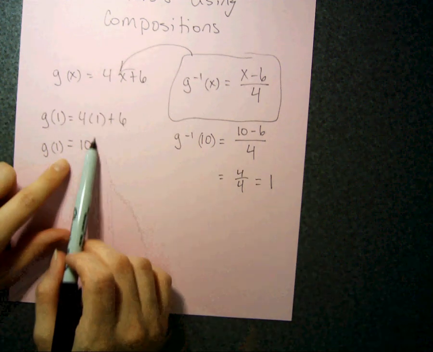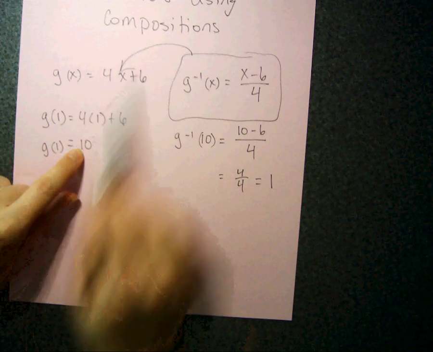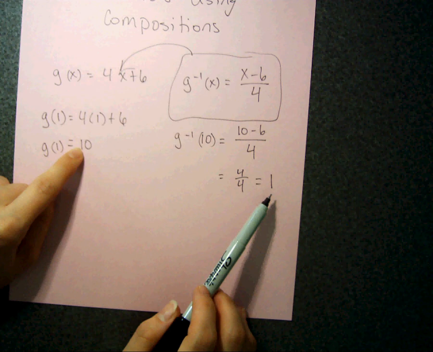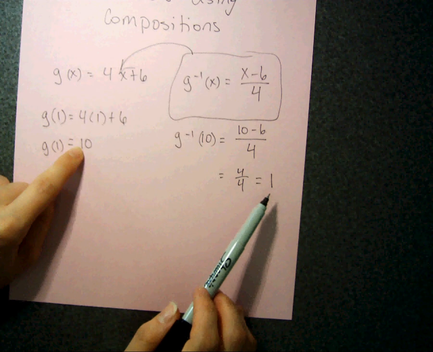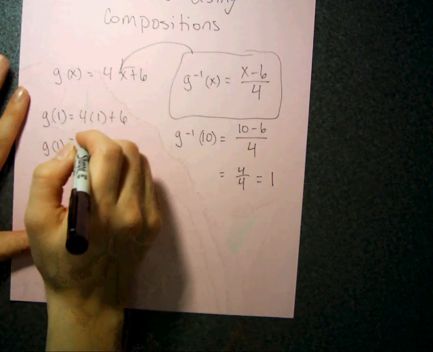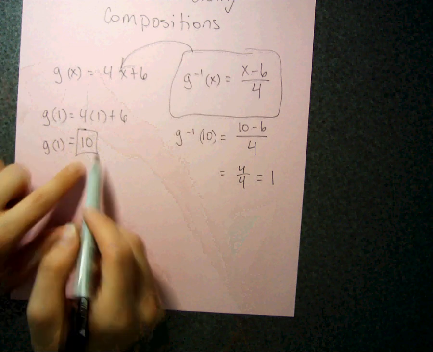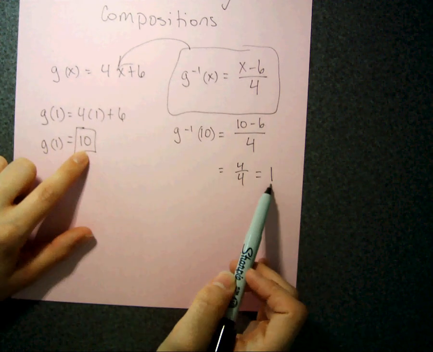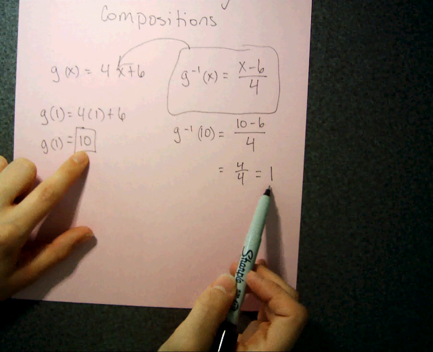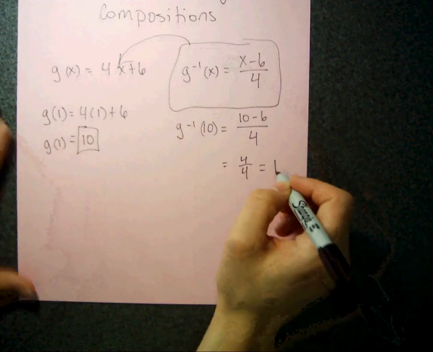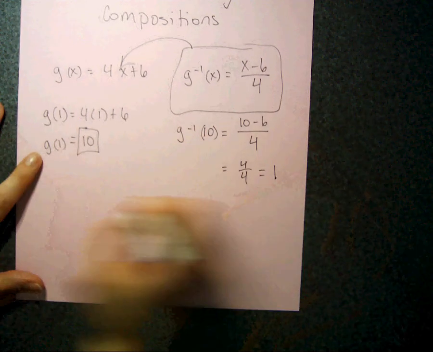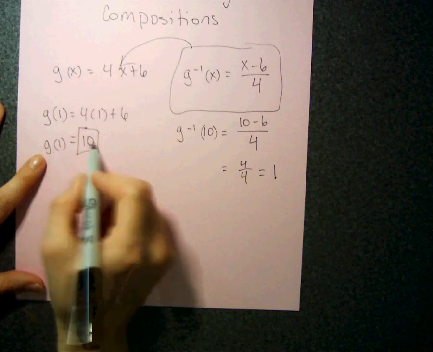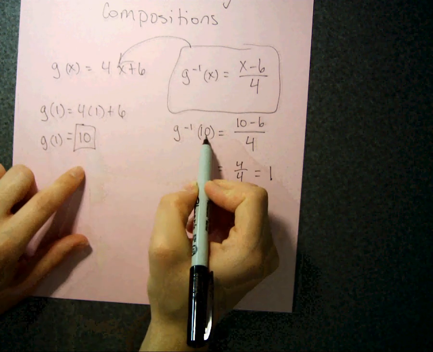I took g and I plugged it into g inverse. What did I get back out? I got the x back out, right? If I take my original function and plug that into my inverse function, I'm going to get that original x value back out. Same thing if I took the inverse and plugged 1 back into my original function, I'm going to get the original x value back out. Right? It makes a little cycle.